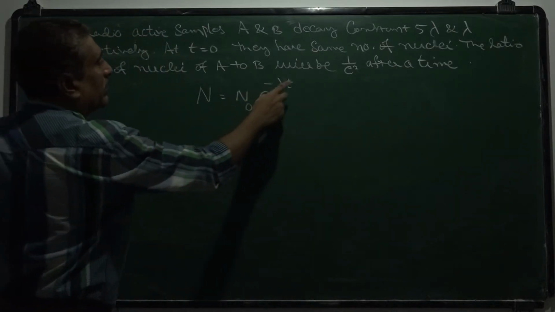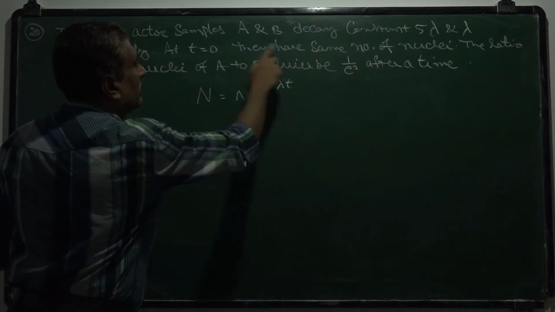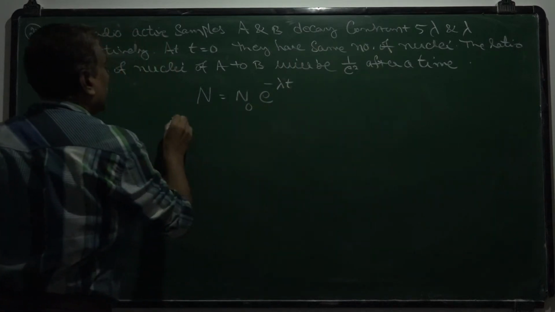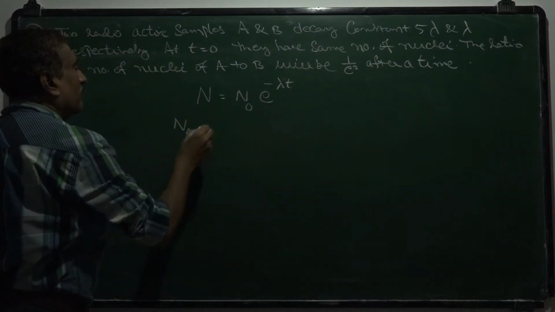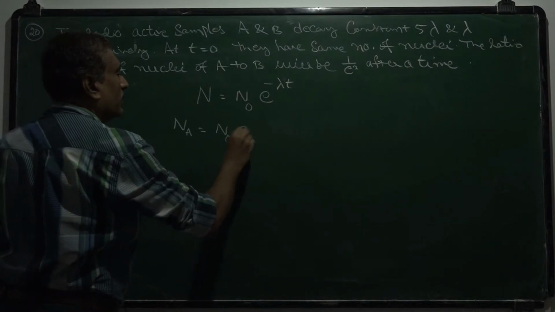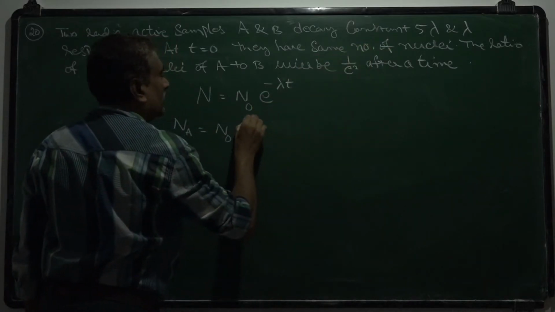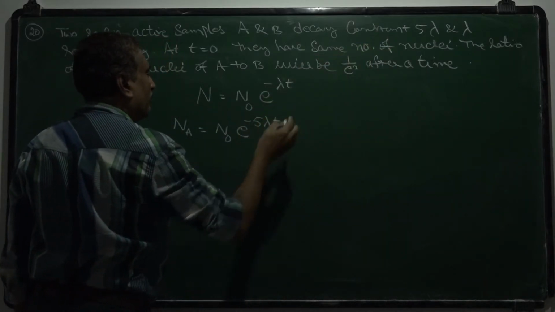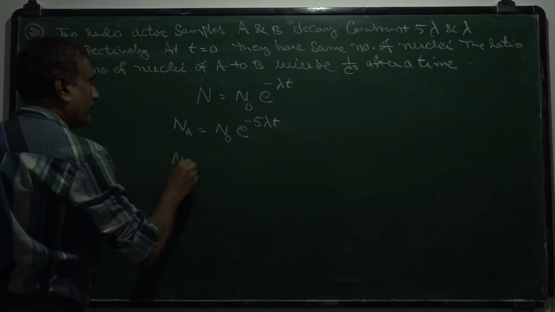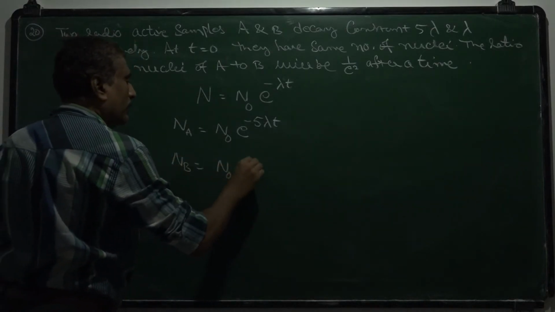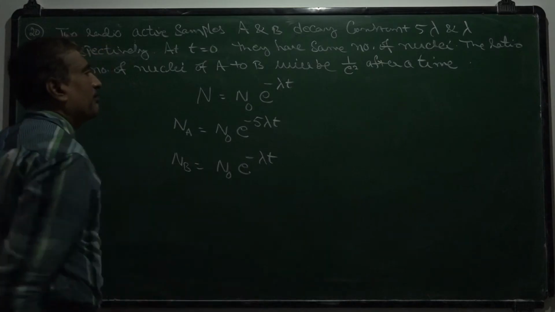Given that at t equal to 0 they have the same number of nuclei, so Na is equal to N0 e power minus 5 lambda t, since the decay constant is 5 lambda, and Nb is N0 e power minus lambda t.